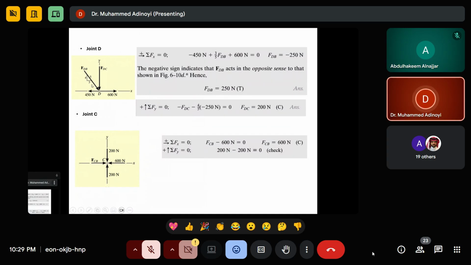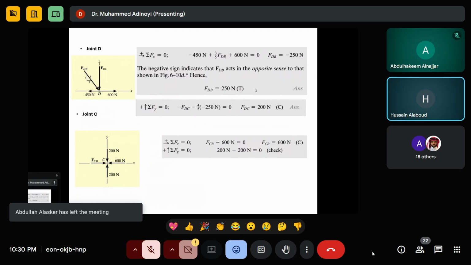In this assumption, is this compression or tension? Compression. But look at the answer. Yes, because of the sign, because we got negative. When you have negative for your answer, then it means your original direction was wrong. So here, you can choose direction. It doesn't matter. Just choose any direction that's convenient for you. But your answer will now tell you whether it is tension or compression.